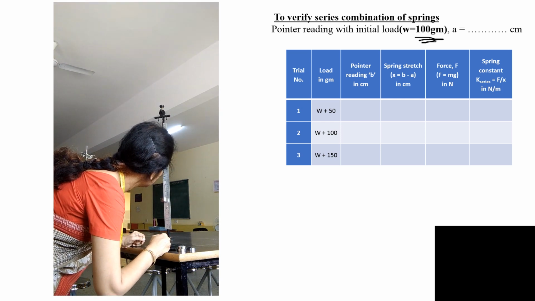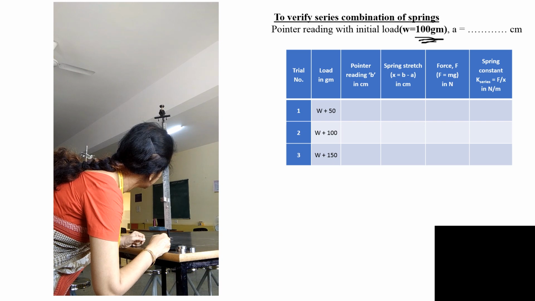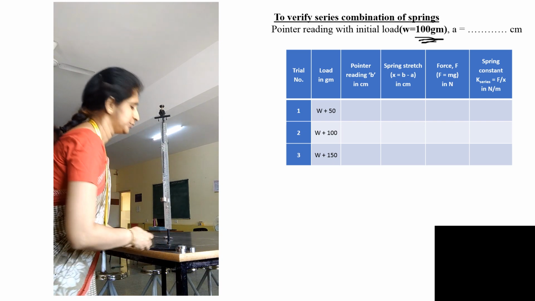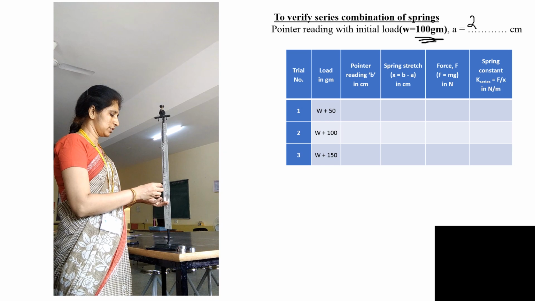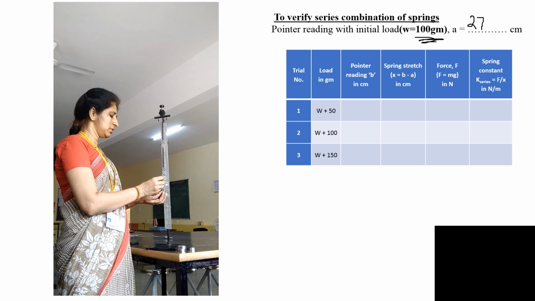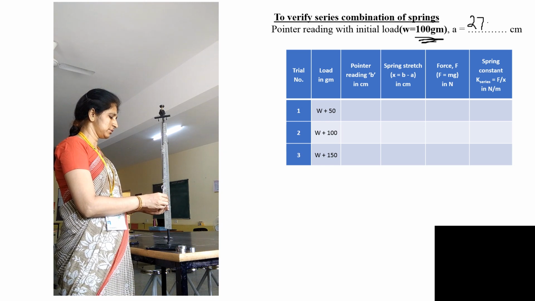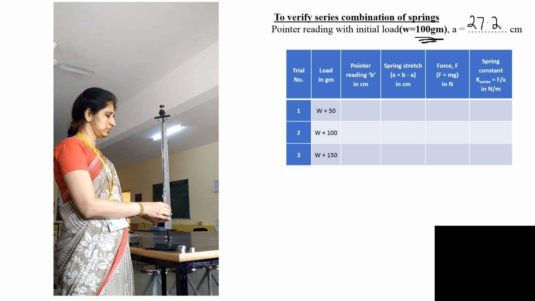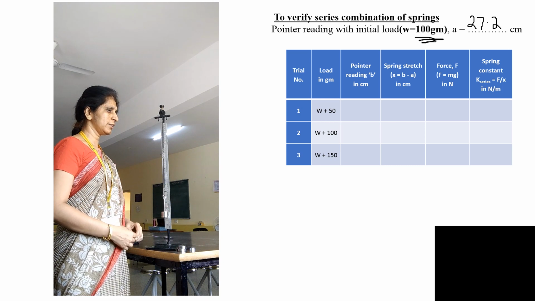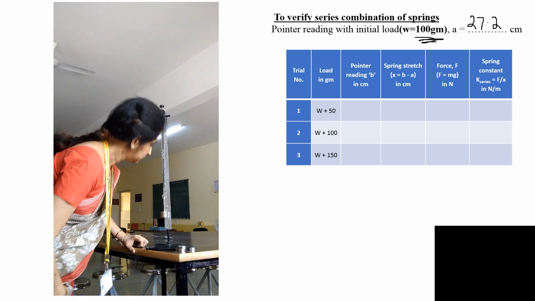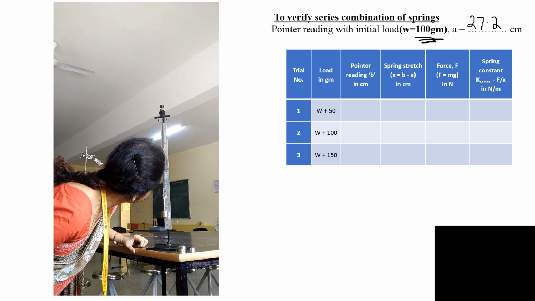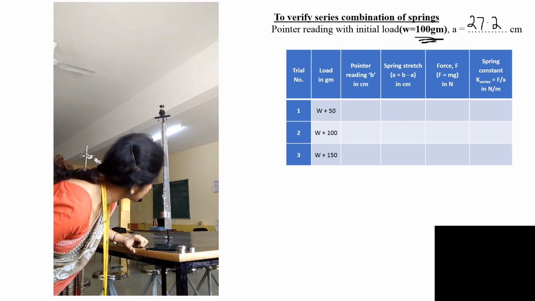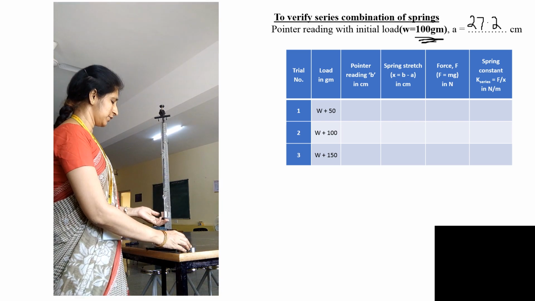Note down the pointer reading, it comes out to be 27.2 with the initial load. Now let me put 50 gram to the dead load and note down the reading again. The reading comes out to be 34 centimeter with the 50 gram.